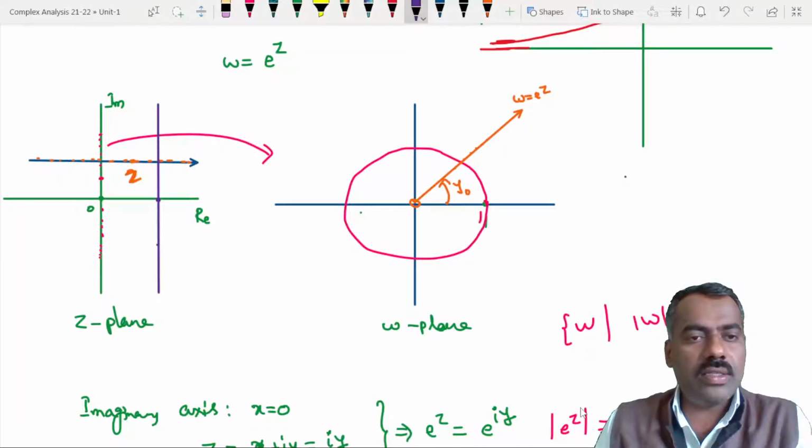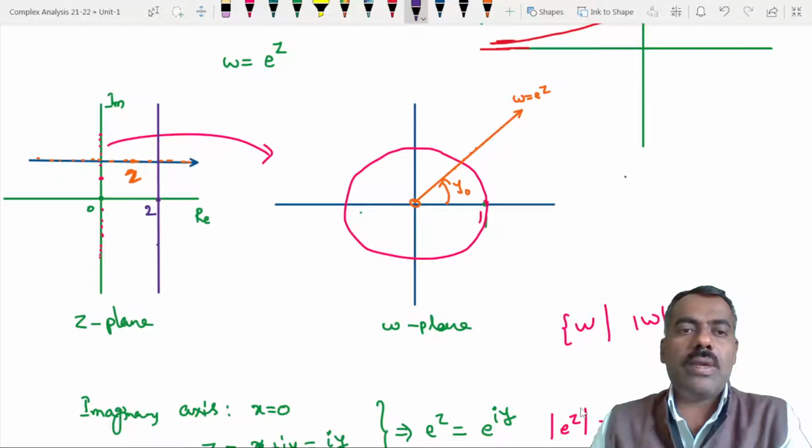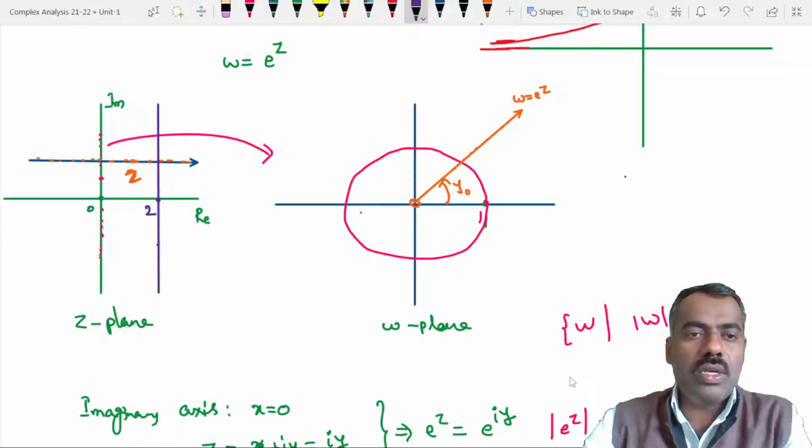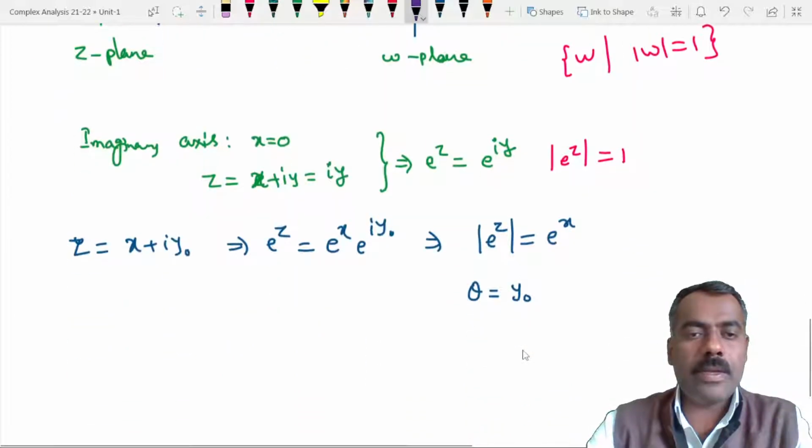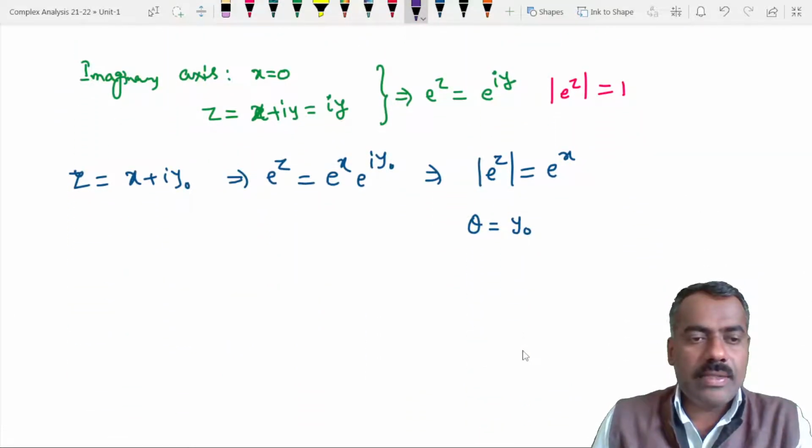Okay, this is x is equal to 2. That means this is the line where x is equal to 2 and y is varying. So let me write that: x is equal to 2.